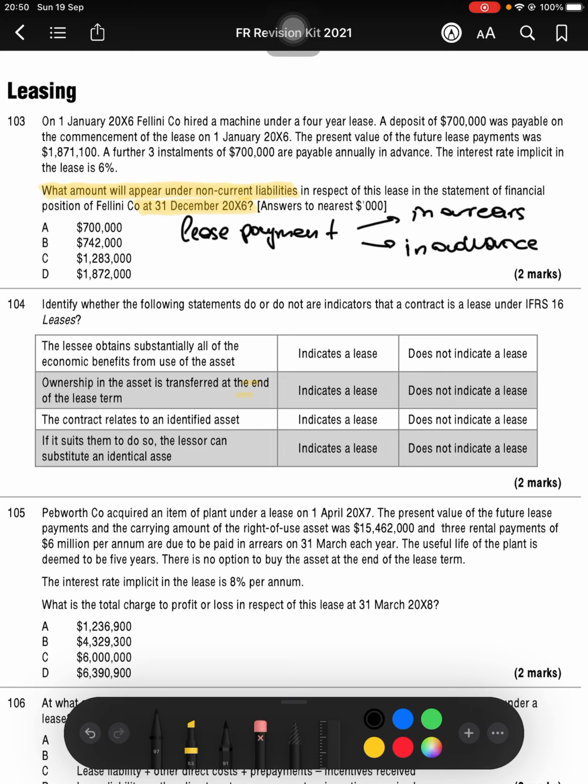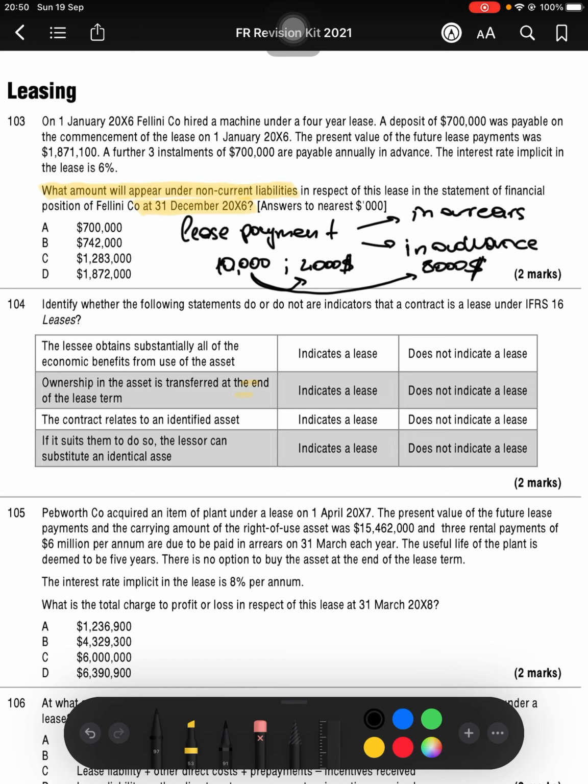For example, if your total lease liability at year-end is 10,000, and you pay your lease payments in advance, let's say $2,000, then we will divide this into two pieces. The first piece will be 2,000 current liability, and the balancing figure, which is 8,000, will be our non-current liability.